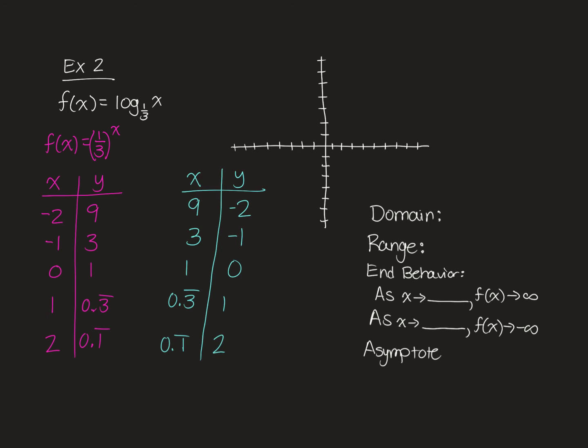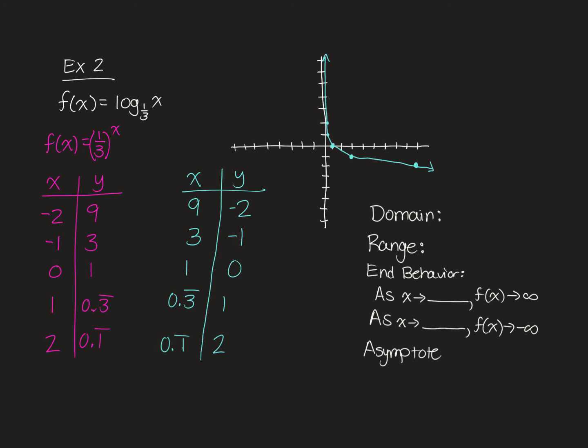So graph these values. At 9, we are at -2, which is right there. At 3, we are at -1; at 1, 0. At 0.3, we are at 1, and even closer to that, we are at 2. So this is what my logarithmic graph is looking like. It's going to do something like that. Domain.